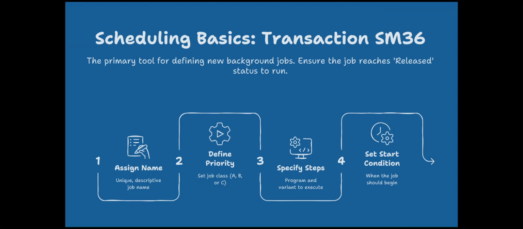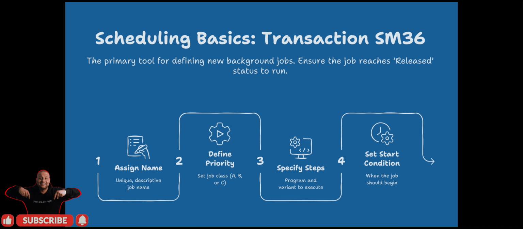You are telling the system, I have reviewed each and everything, and now I'm giving you a green signal that you can run this job. So you have to click on the green flag, which means releasing it. Then only the system will understand that this is ready to run, and if the conditions are met, it will run this background job.